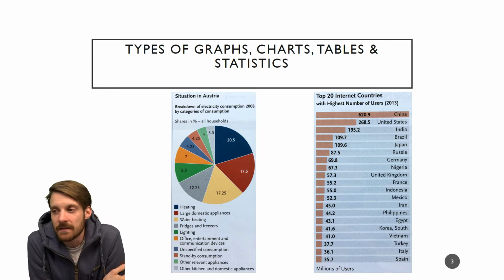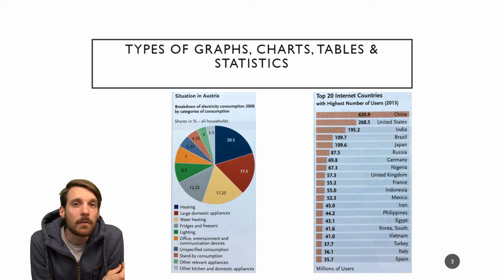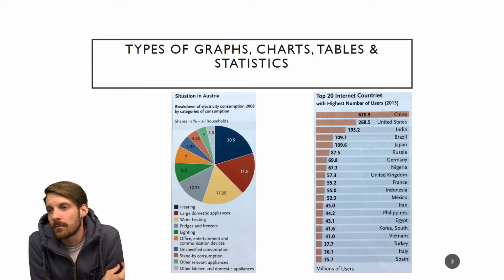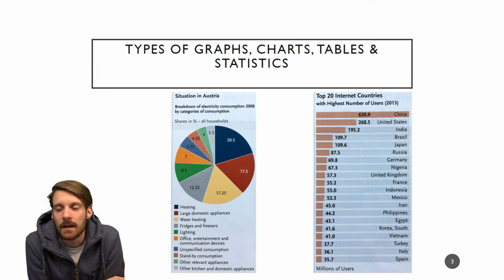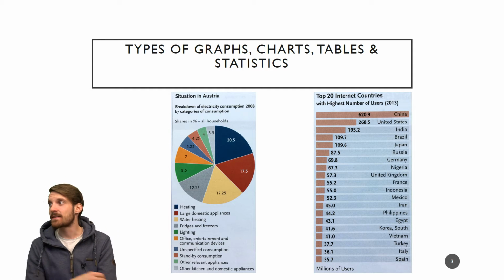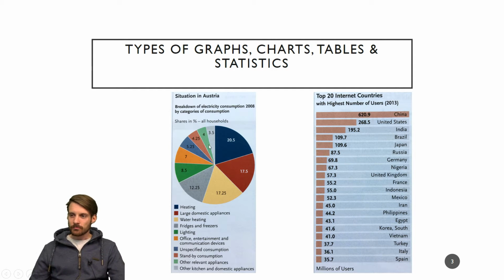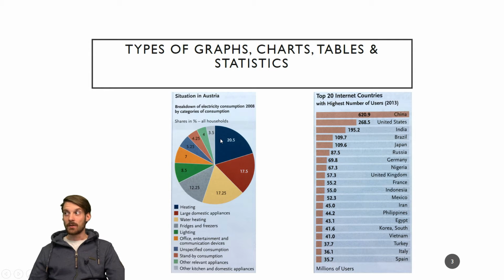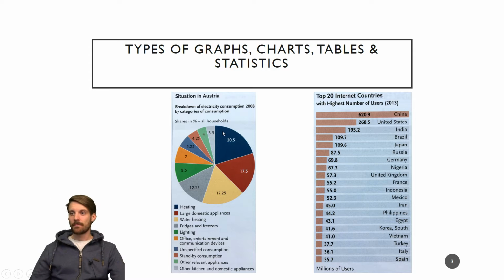So basically there are a few types of graphs and charts and tables. In this case, this is a pie chart. Normally a pie chart looks like a pie, therefore it's a pie chart, and it's separated in those pieces.